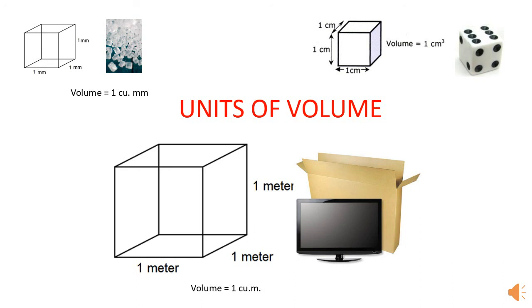Such type of cube has the volume 1 centimeter cube or 1 cubic centimeter. Now how much can it be? You can see the die is shown. So a die has the volume of 1 centimeter cube. Okay.